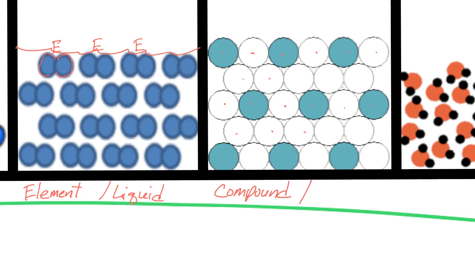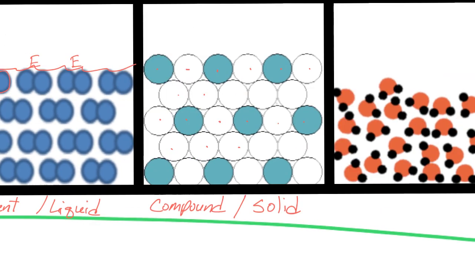This would be just a compound. So you could actually make a case for either one of these depending how you look at it. I'm going to say that this is a compound. The phase of matter, I'm going to say, because they're so closely spaced together, is a solid. And they're very regularly organized.